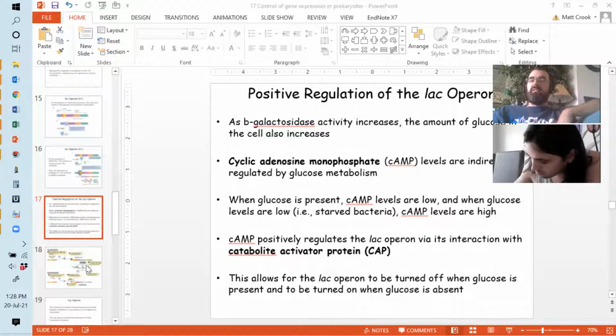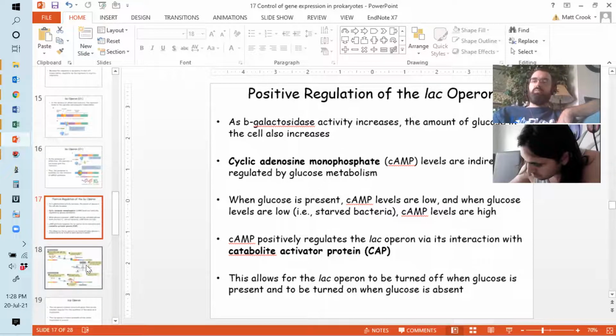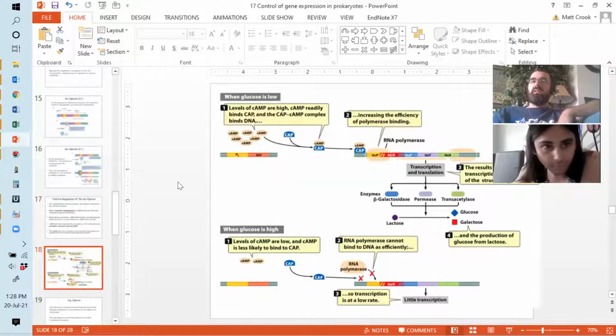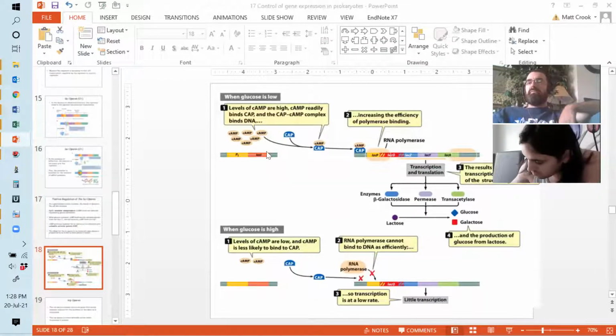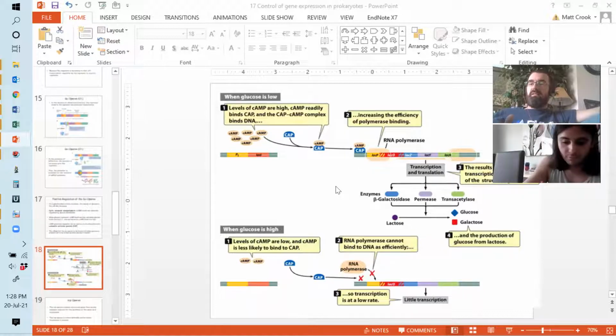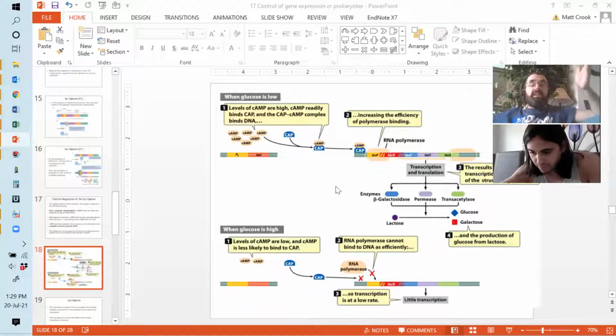So to look at that in a kind of pictorial sense, and this will bring us to the end of the lecture for today. And remember, lactose is present. So lac-I has been induced to leave by the presence of lactose. So the lac-operon is essentially fair game, right? It can be transcribed.